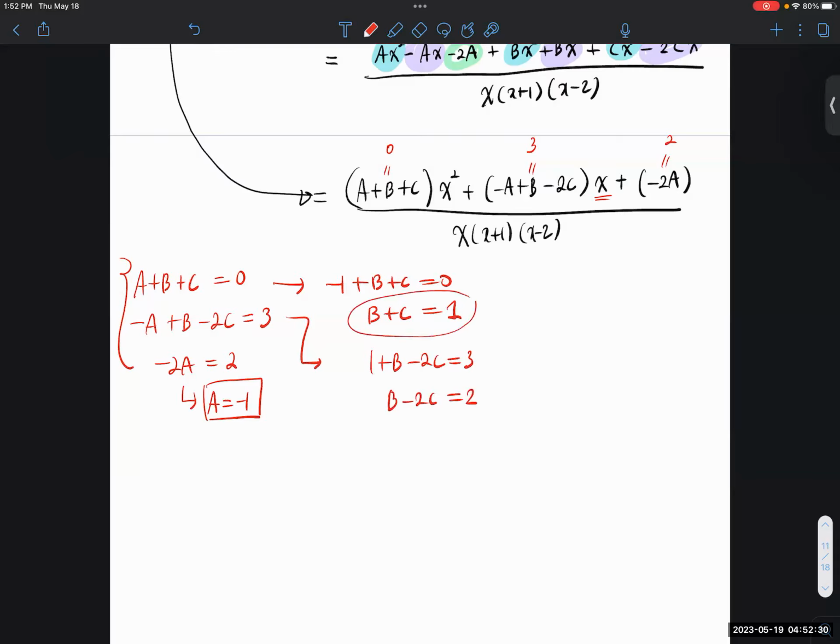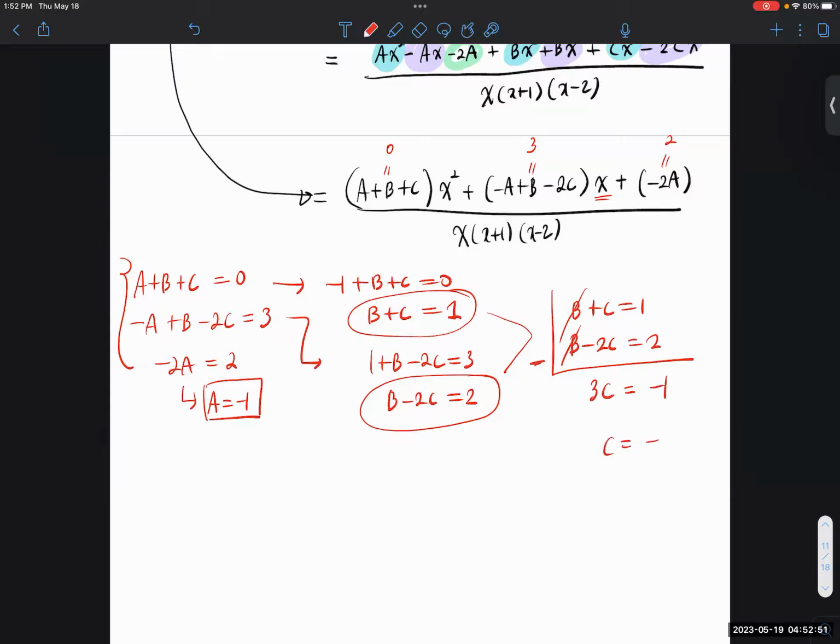So we can work these two equations to solve for b and c, right? So if I bring back here, b plus c equals 1, b minus 2c equals 2. So you're going to subtract. So 3c equals negative 1. We got c equals negative 1/3. So therefore, b will be, if you're plugging in here, b minus, what is that?